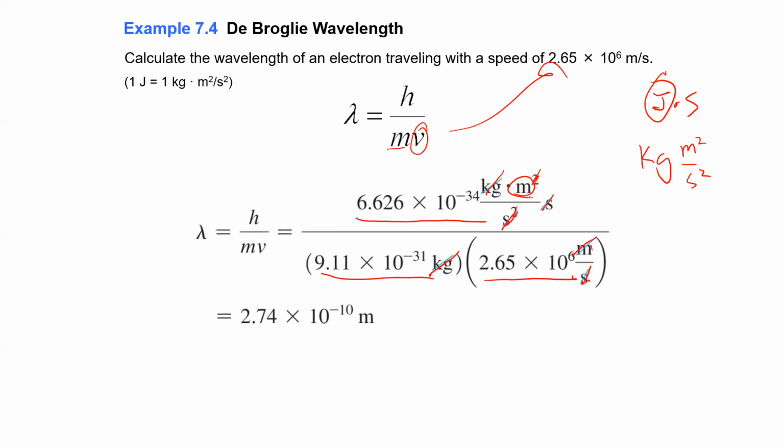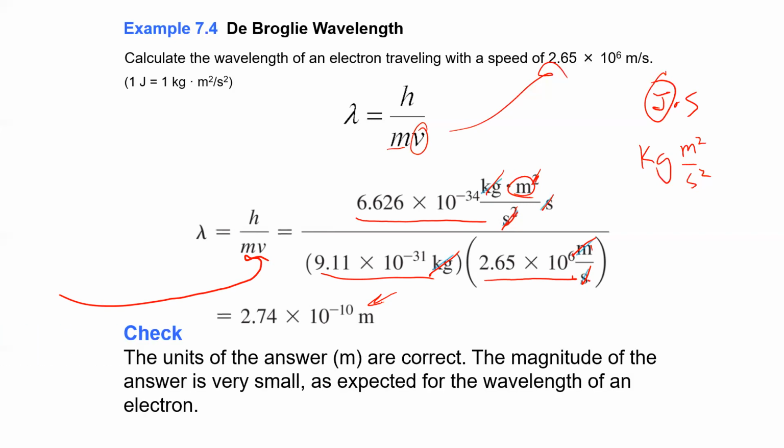When we extend de Broglie's postulate to large objects, with really large masses, this denominator becomes really big, and the quotient ends up being so small that the wavelength, you just can't see it. So it's significant when we get to the micro scale, such as electrons and things of that nature.